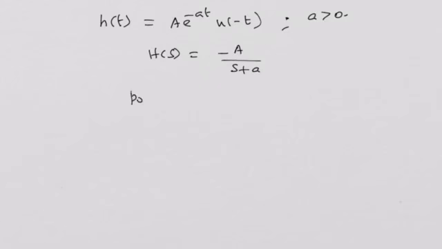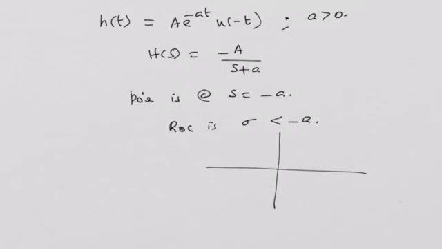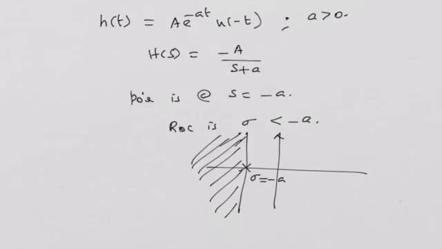The pole is at s is equal to minus a alone, but RoC is sigma less than minus a. Sigma is the real part of s. If we plot the RoC, you will find RoC is the left side region of the line passing through sigma is equal to minus a.